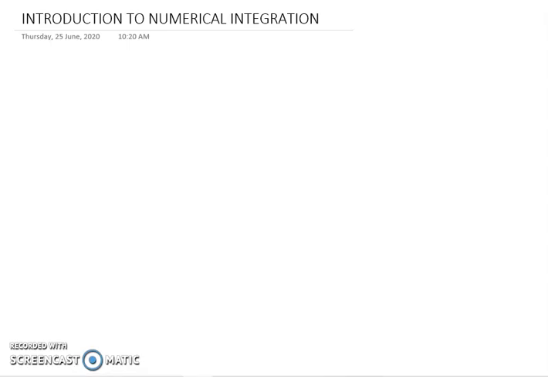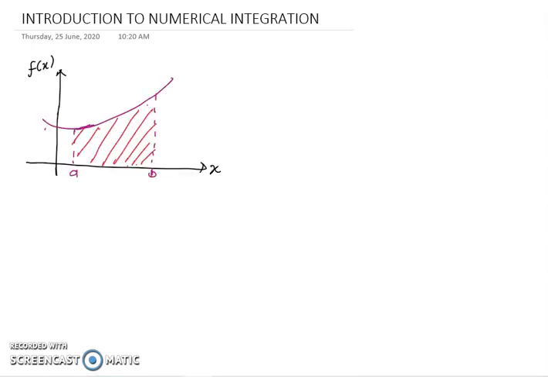So today we will continue our lesson with chapter 5, Numerical Integration. As we all know, integration is a process of measuring the area under a function f(x), which is plotted on a graph.